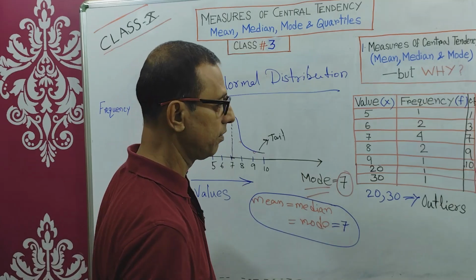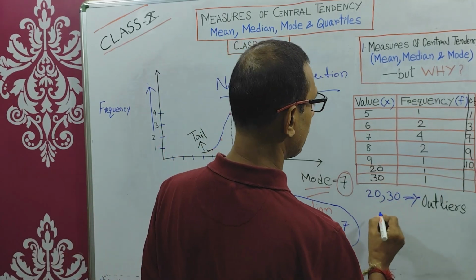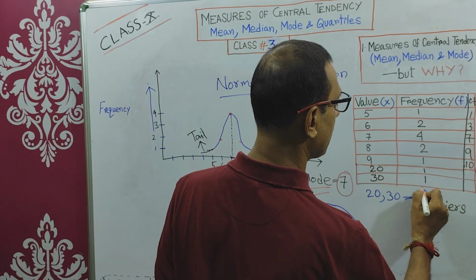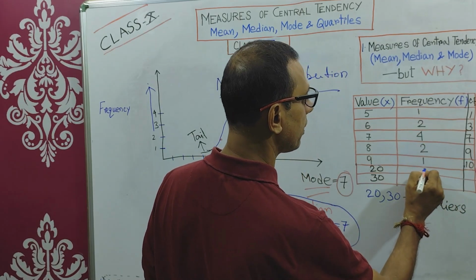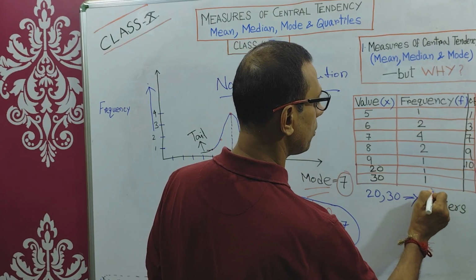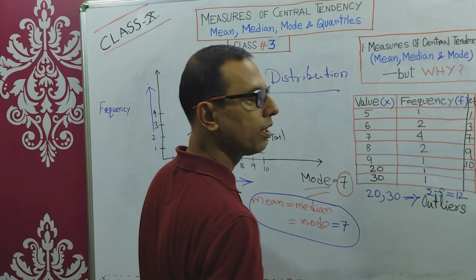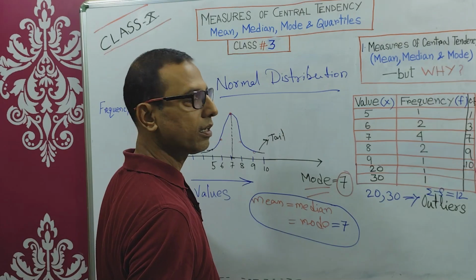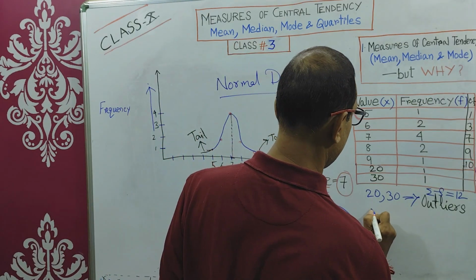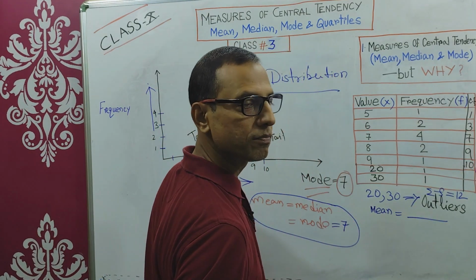Here you calculate the mean. What will be the mean? The total number of frequency will increase. Earlier it was 10. Here I have added 1 and 1, so the summation of frequency will be 12. And what will be the mean in that case? The mean will be summation of fx.